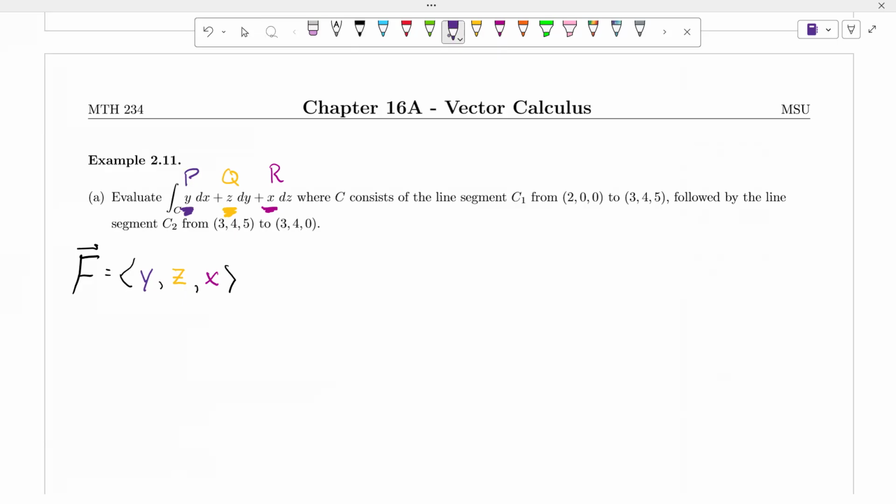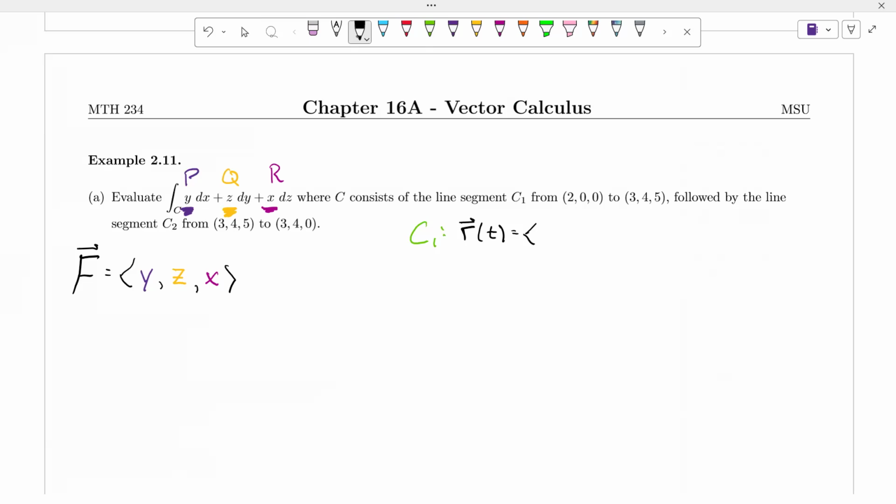Right, this time we've got 2 line segments. Our curve C is a C1 and a C2. So I'm going to have to make 2 separate parameterizations. Along C1, my parameterization vector r of t is something.